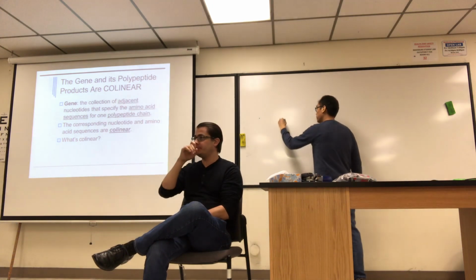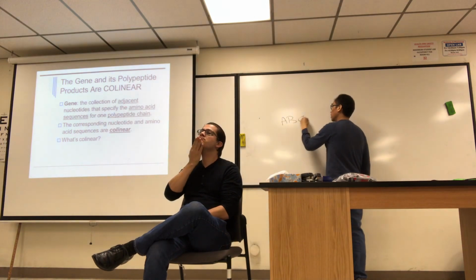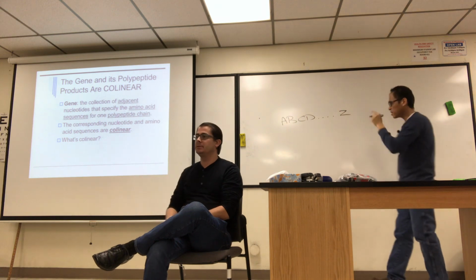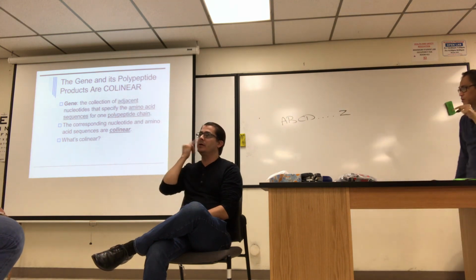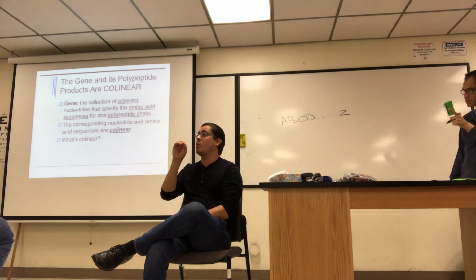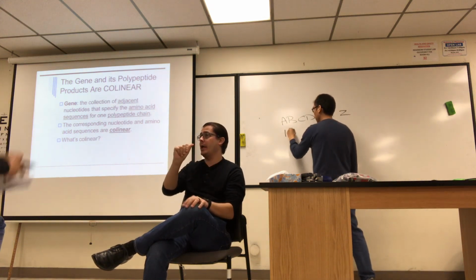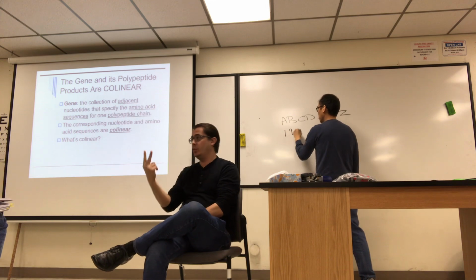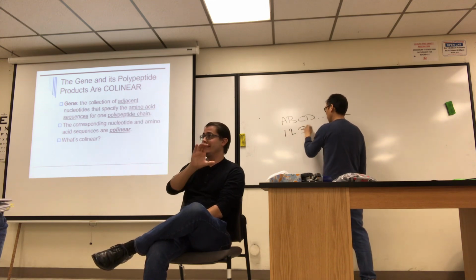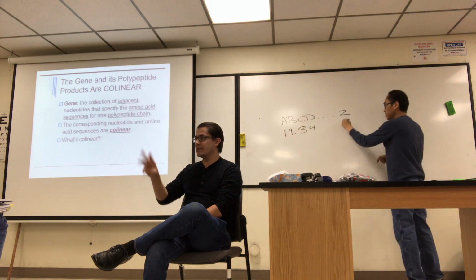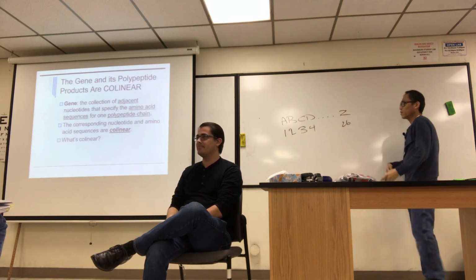So the code is the alphabet, A, B, C, D, E, F, G, all the way to Z. And this secret code is coding for numbers. Let's say the letter A codes for number 1, B for 2, 3, and 4. So what does Z code for? 26.